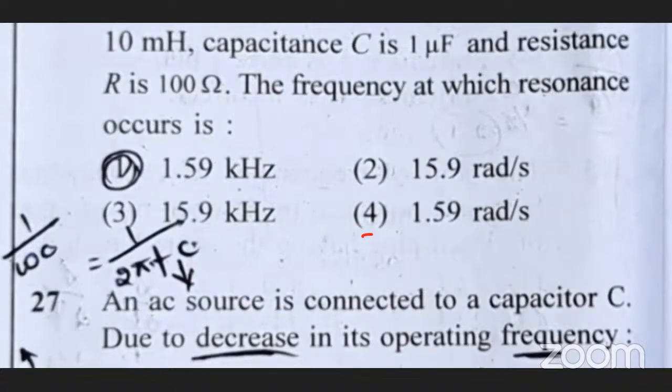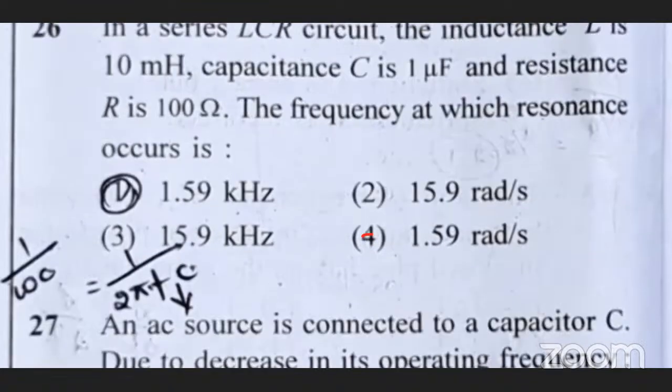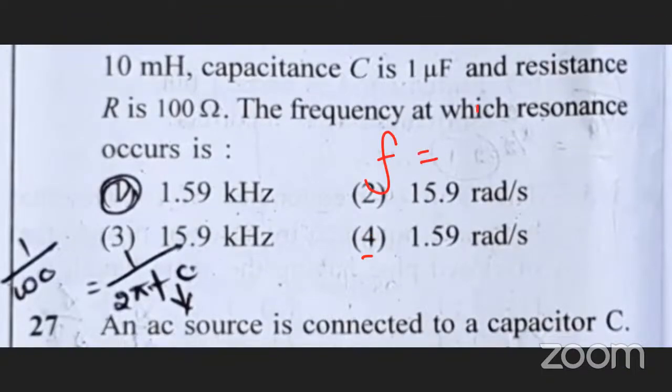So next question, we need to find in the LCR circuit the frequency at resonance condition. You know the formula. This is also a direct formula question. f is equal to 1 by 2 pi root LC.